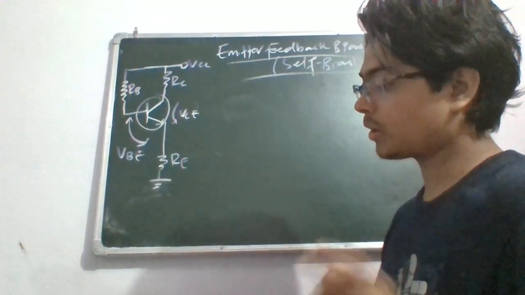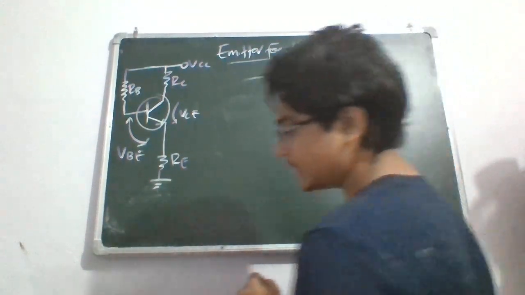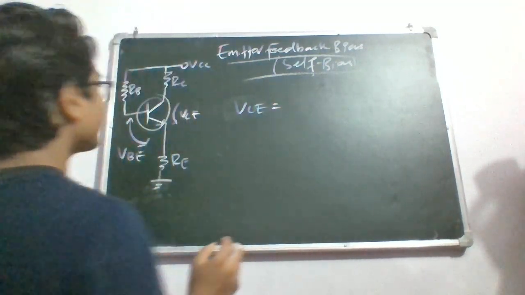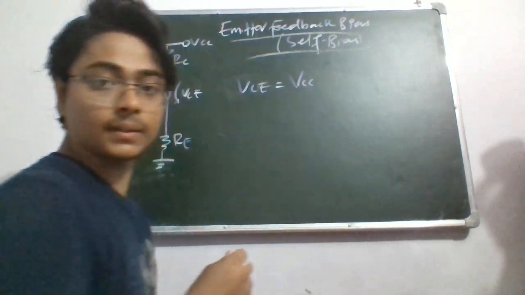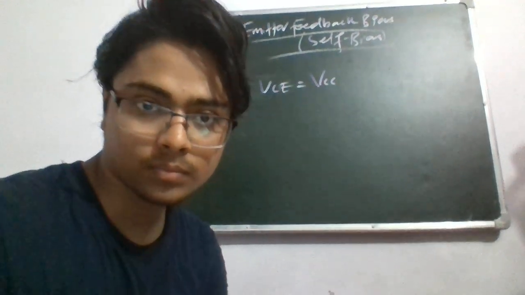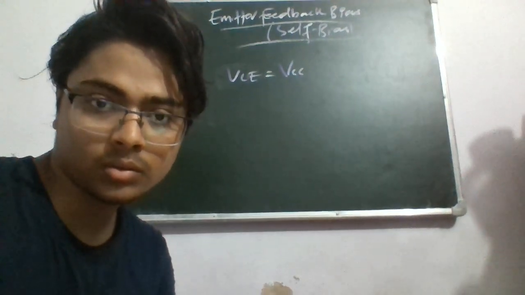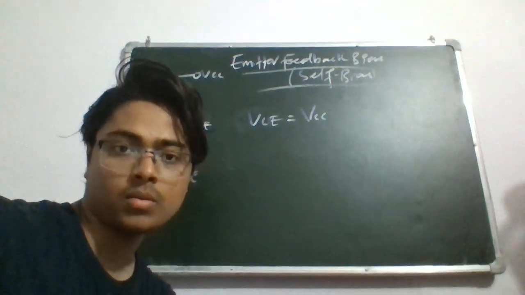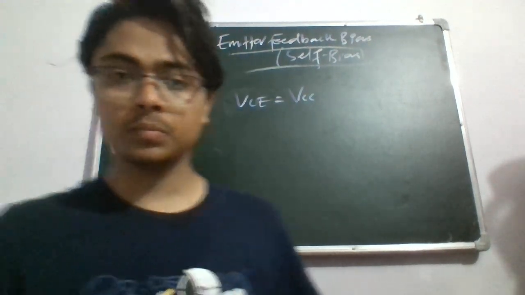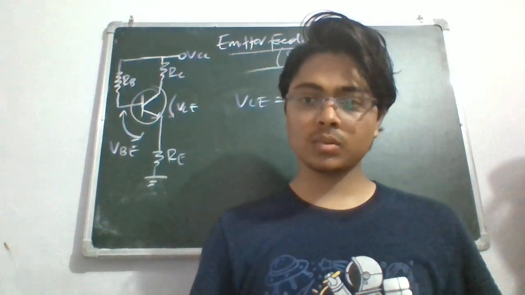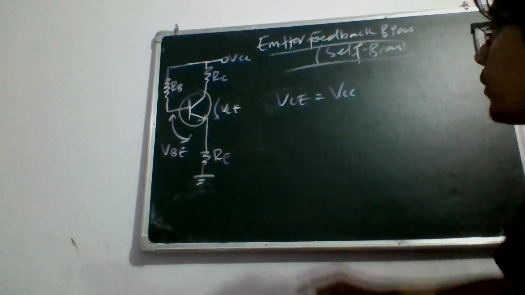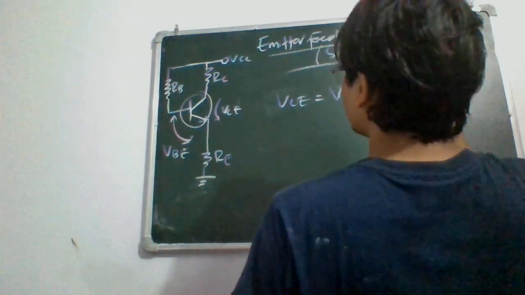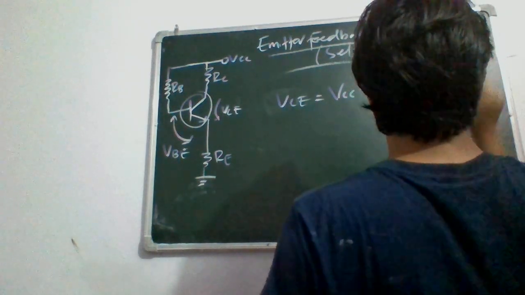Now, if you want to find the expression for VCE, it looks like VCE equals VCC minus ICRC minus IERE.